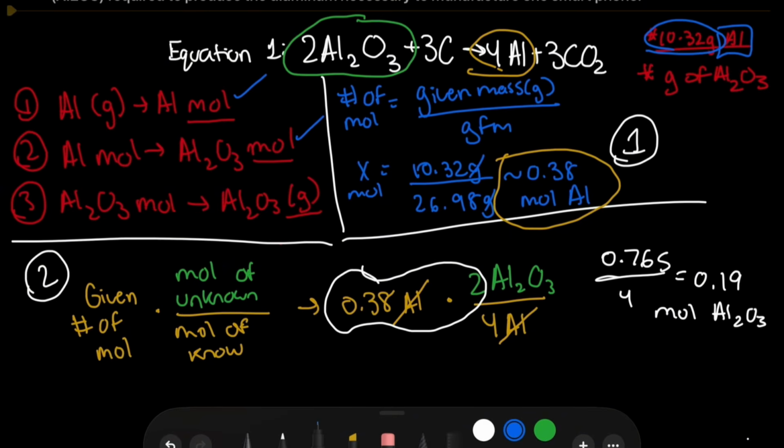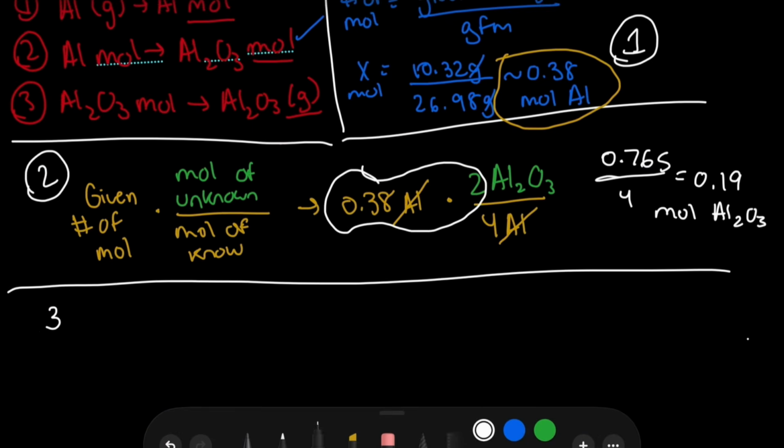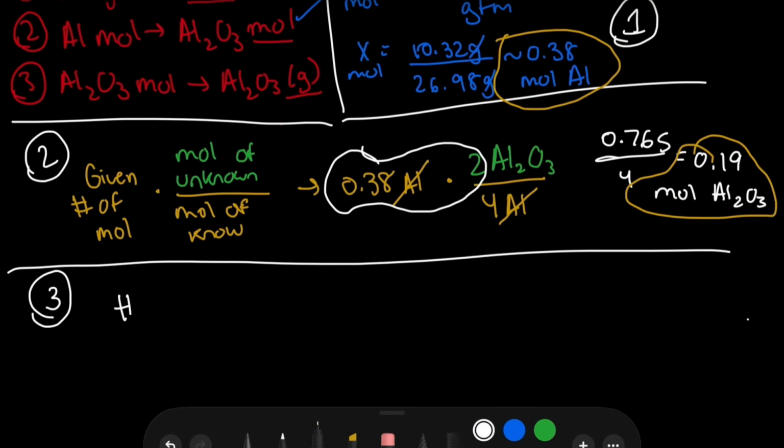Now we have to move on to step 3, our last step. Now we have to convert these moles of aluminum oxide into grams of aluminum oxide. So we basically do the reverse. All we have to do is multiply the number of our given moles times the GFM over 1 mole.